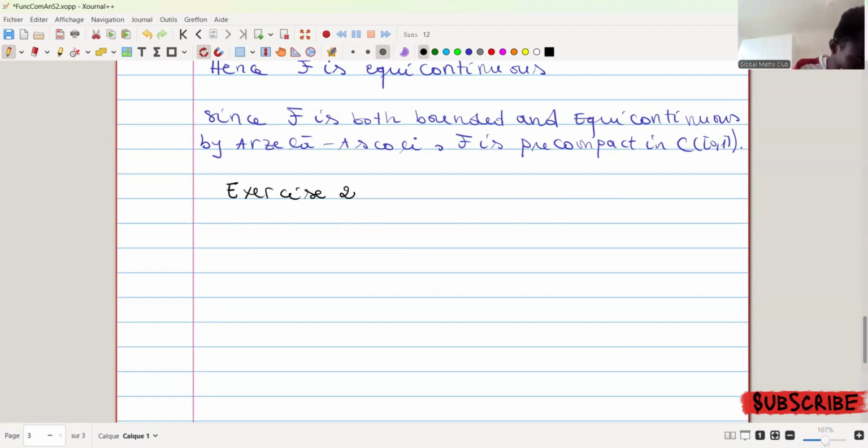So here in exercise 2, they ask to give the definition of L2 of the torus and its inner product. You have to know that this one is the torus.